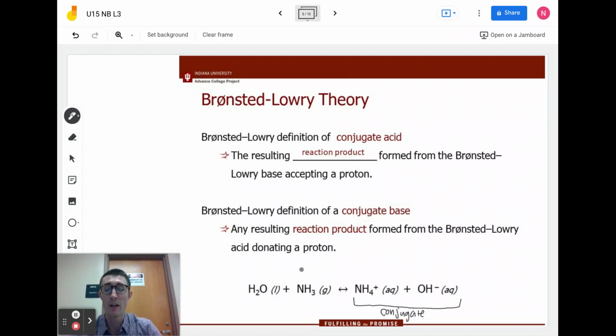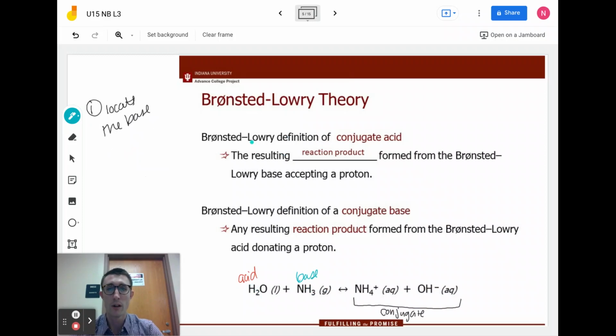Our goal is to locate the base. And if we locate the base, then we have everything else that we need to name. So let's go back and label our acid again. Water was our acid according to the Bronsted-Lowry theory, and ammonia was our base, because it accepted and the water donated the proton.